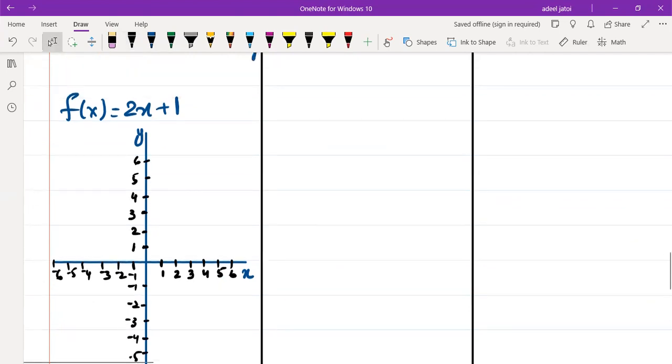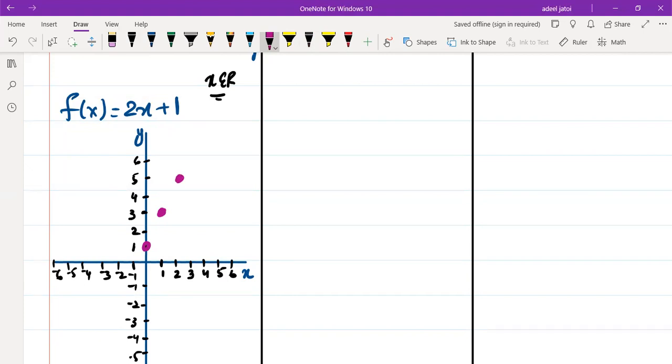Now, normally, the graph is represented with x as an element of all the real numbers. That means we can take any numbers for x. So if we take 0 for x, the answer will be 1. If we take 1, the answer would be 3. If we take 2, the answer would be 5.